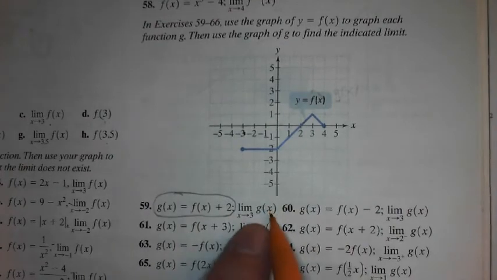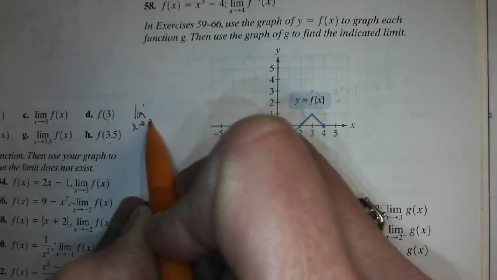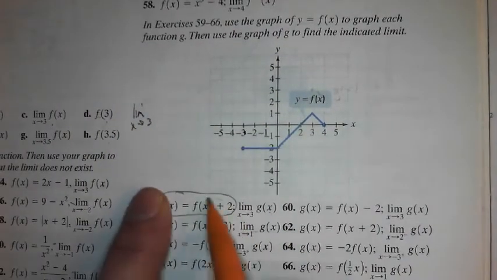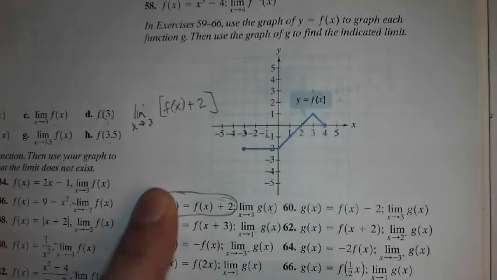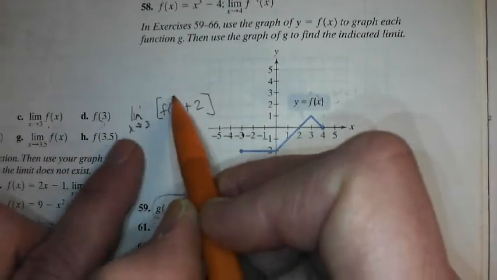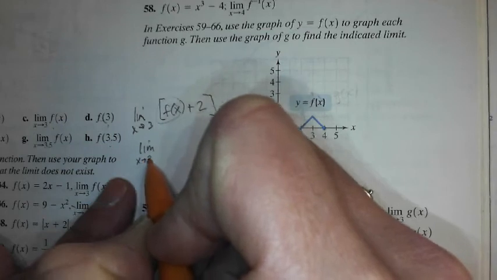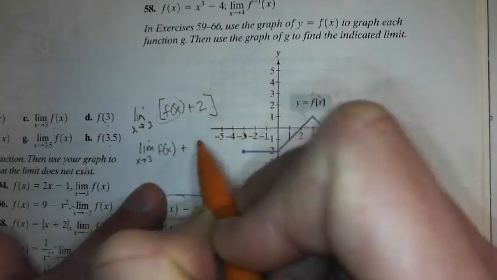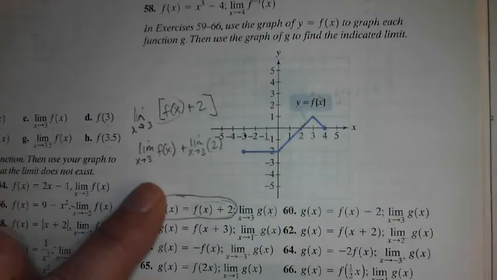Or this whole section is kind of getting at the properties that we just did. If we're looking for the limit of g of x, we're essentially looking for the limit as x approaches 3 of g of x, which is instead f of x plus 2. So you can use the property that says we can take the limit of each one of these separately. So the limit as x approaches 3 of f of x plus the limit as x approaches 3 of 2.